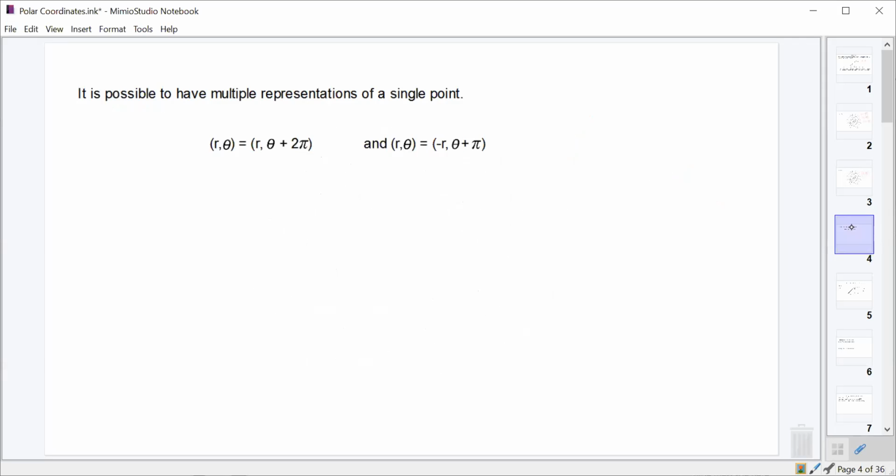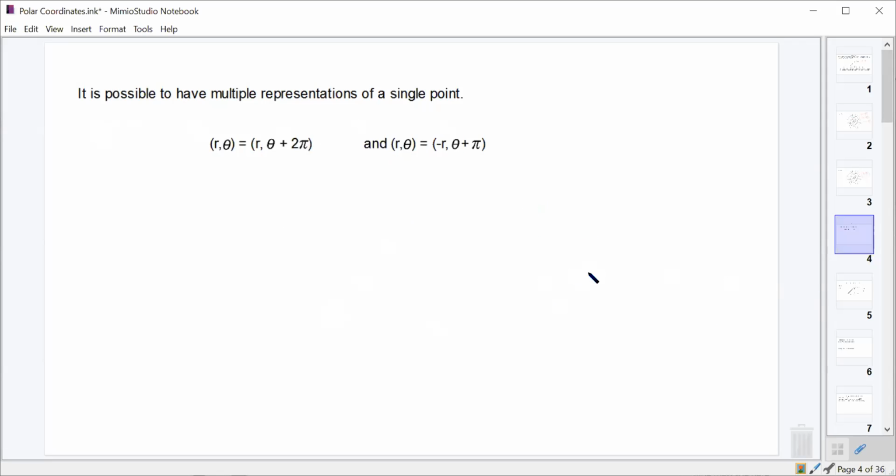You can also subtract 2 pi, 4 pi, 6 pi, 8 pi to get the same point. And then you can also take the opposite of the R value and add pi times any integer to the angle. And that's what we did on a couple of those. Okay, so that's a general formula to find a different representation of the point.